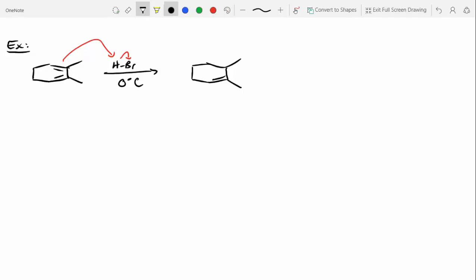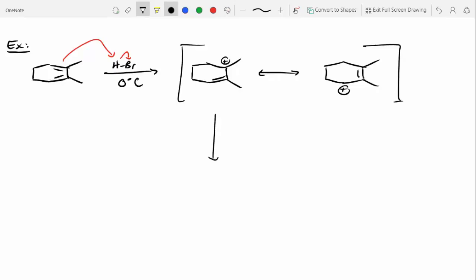Where will our carbocation be? The tertiary position, right? We've got resonance because of the conjugation, which would move the carbocation over here. And then from each of these, we can get two different products.